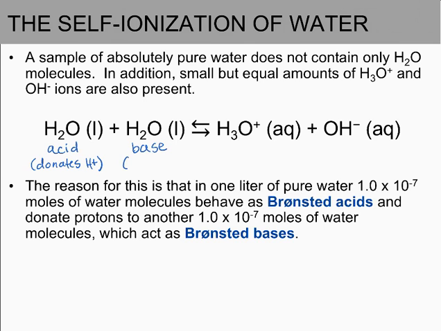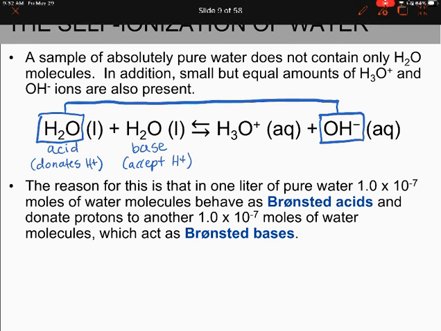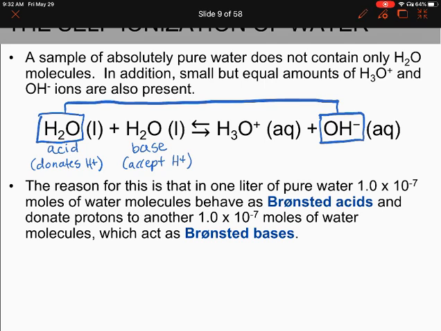And then bases accept hydrogen ions, at least according to our Bronsted theory. So if one water molecule gives up a hydrogen, it's going to become OH minus. And then if the other water molecule accepts a hydrogen ion, it becomes H3O plus, our hydronium ion.